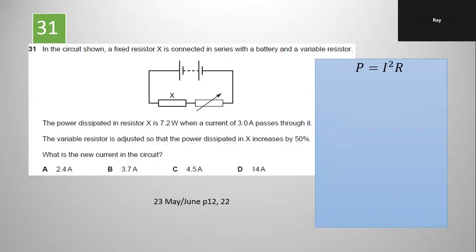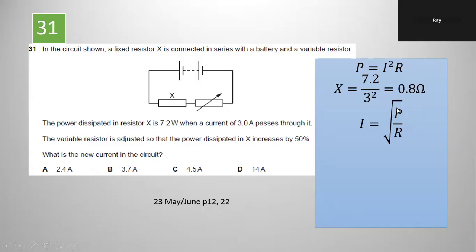You have been given current, power, resistance. So it's I squared R. So your power X is that, that's your I squared. Right? Using this equation, let's say we replace the R with the X, 0.8 ohm.